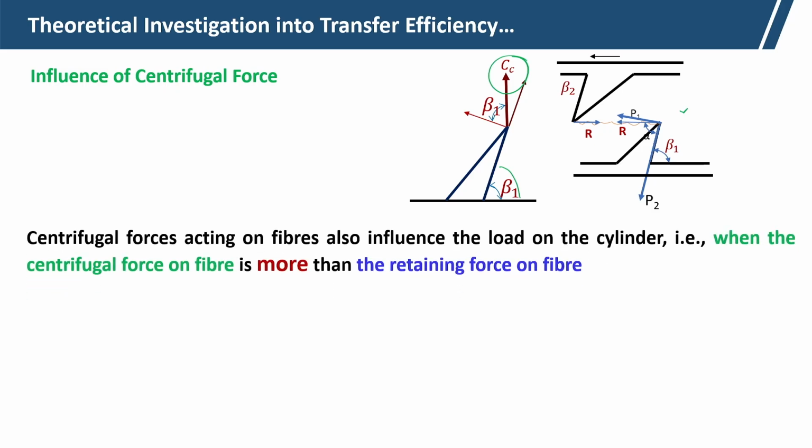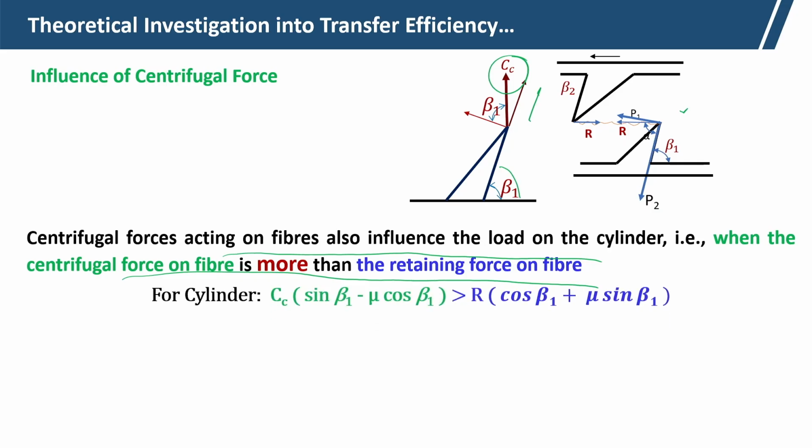Now, centrifugal force acting on fibers influences the load on the cylinder. When the centrifugal force is more than the retaining force of the fiber for the cylinder, that means Cc, which is sin beta 1 minus mu cos beta 1, is more than the resistance force.